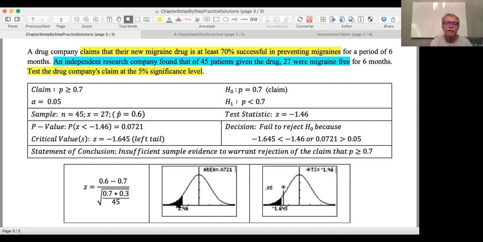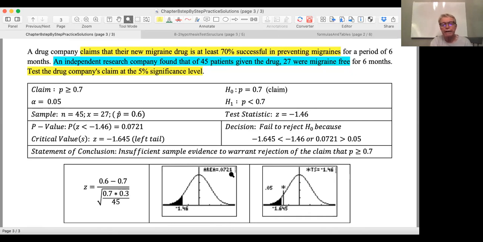Left-tailed test, we're going to find the area underneath the curve farther from the mean than the test statistic. So from negative infinity up to negative 1.46, we're finding that area. That is the p-value, and we find it to be 0.0721.